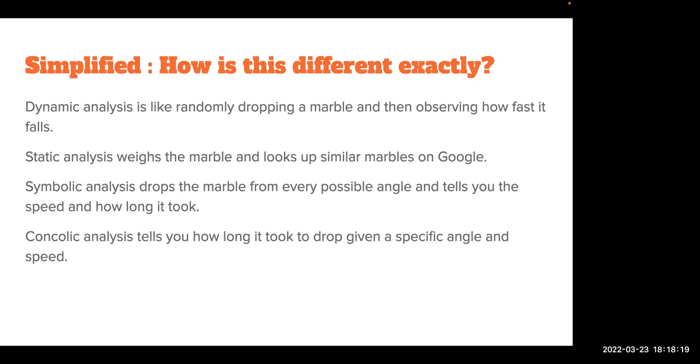But assuming you know how much it weighs, the air resistance, how fast it's going to be chucked, you would do the math to tell you, given those constraints, how far it would go without actually chucking it. And concolic analysis is saying you go at this specific angle, this specific speed, what specific location does it end up at?